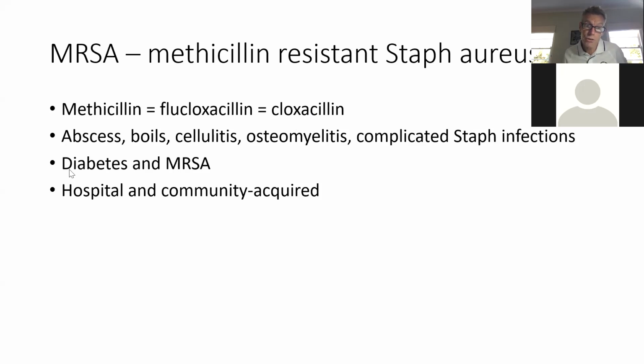It's more common in children who have some risk factors. So sometimes children who've got diabetes are more likely to get staph infections or MRSA. And in some communities, MRSA is a bit more common because there's MRSA circulating within the community. It can be hospital or community acquired.